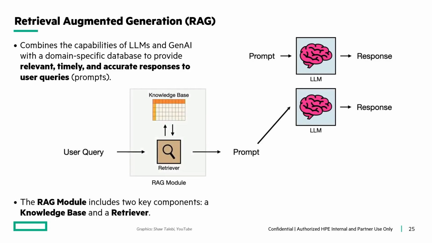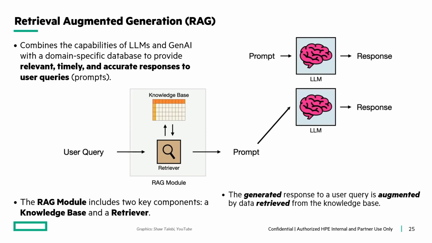Two main components are inside the RAG module. There's a knowledge base, which is typically in the form of a vector database. You don't need to know too much detail on that. You'll get a sense of what's in a vector database in a minute. And a retriever, the thing that translates the query into a format that can be used against the vector database to give you the results.